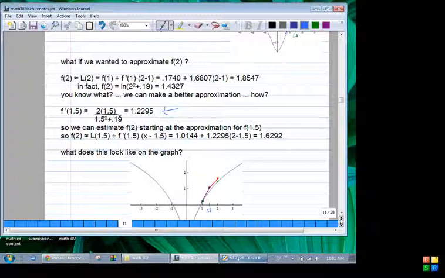So f of 2 is approximately L, and this is like my new L. I'm sorry, that's my old L. L of 1.5 plus, I'm using the slope at 1.5, which is this new slope, 1.2295, times x minus 1.5.